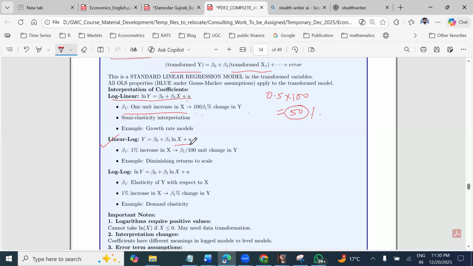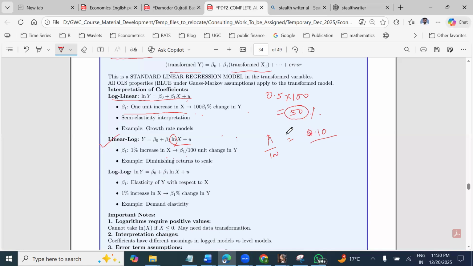Now you just see similarly linear log model. So our independent variable is transformed into logarithmic form. Whenever there is ln, it means elasticity or direct percentage. So we will interpret like this: 1% increase in x will lead to, here you are multiplying in the earlier case, but here you have to divide.